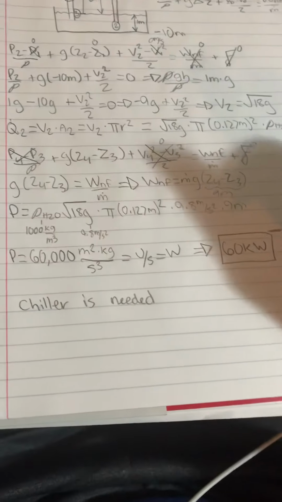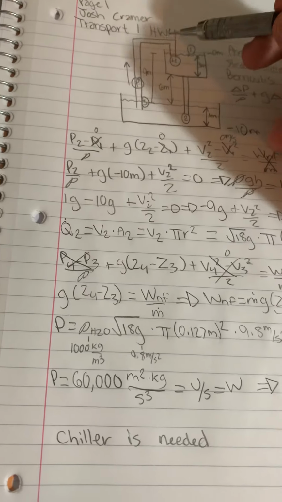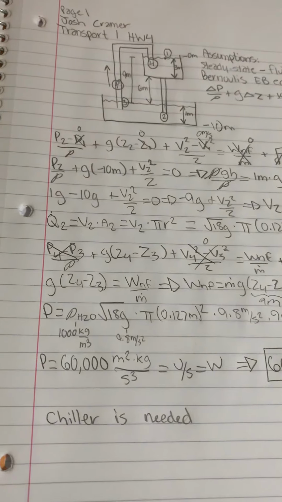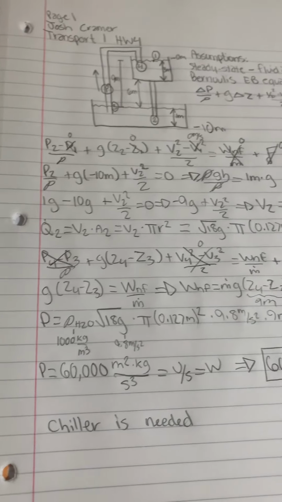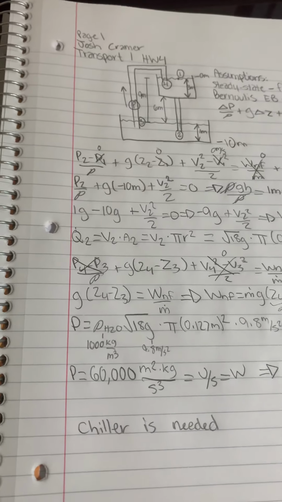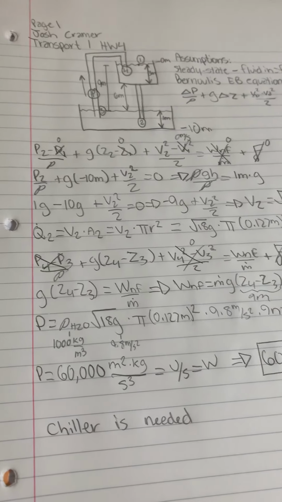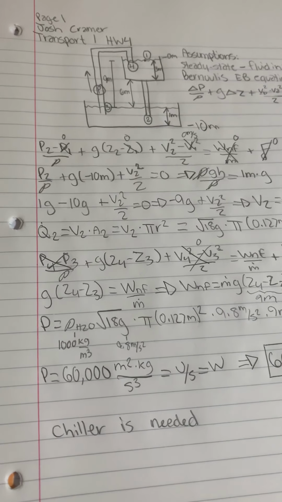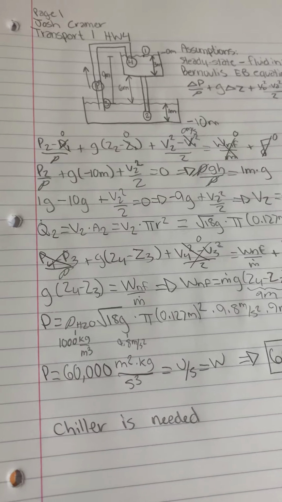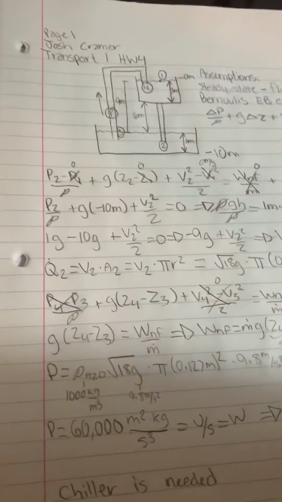The chiller is needed because when you supply power through a pump, that energy is being converted into the system as heat, which is going to increase the temperature of the water, and you're going to need a chiller to bring the temperature of the water back down to where you want it to be. Otherwise, the temperature of the water is going to continue heating up. Eventually, it will start boiling, and you won't have water anymore. You will have steam.